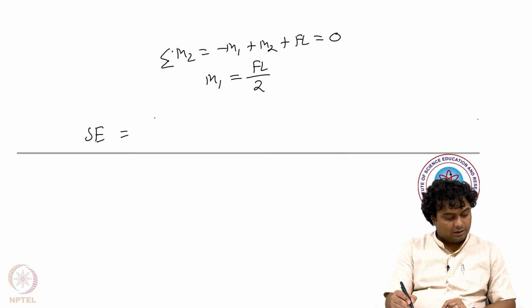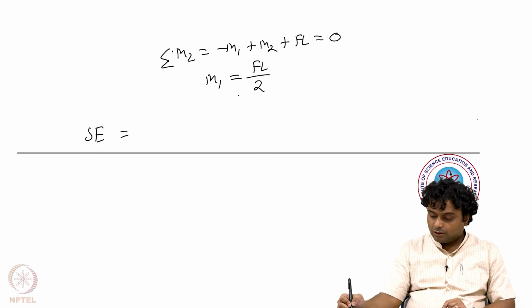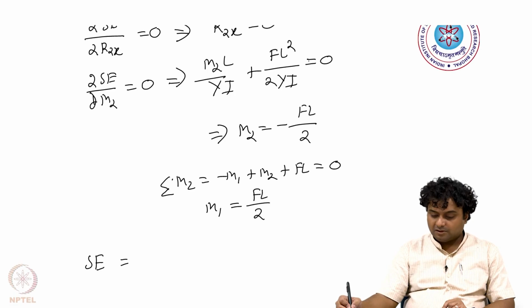So strain energy: R2x is 0, so that term becomes 0, and M2 is minus FL by 2.